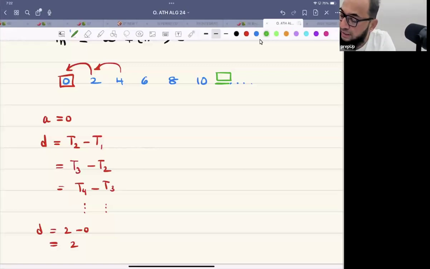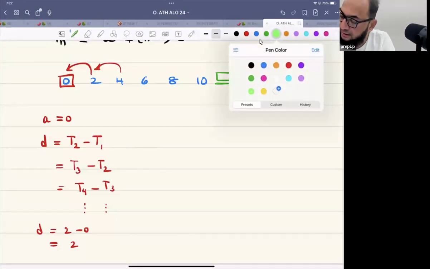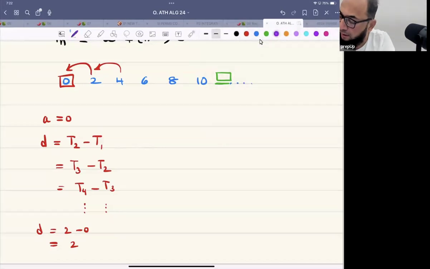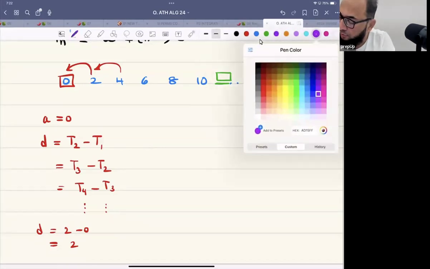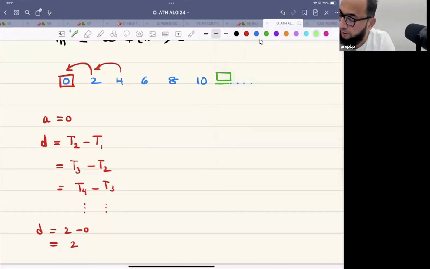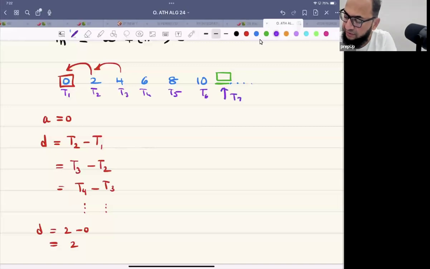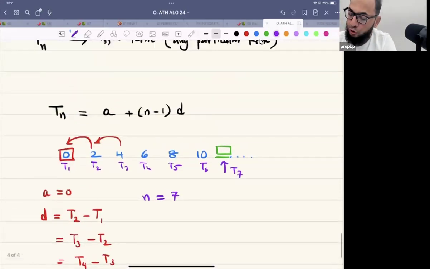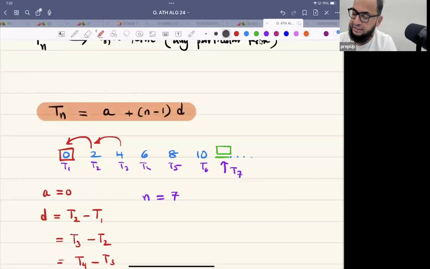So let me change this color to purple and this color to green. If this is the first term, this is the second, this is third, fourth, fifth, sixth, I'm interested in the seventh, which I know is 12. If I plug in n equals 7, can I use this formula to calculate the seventh term?